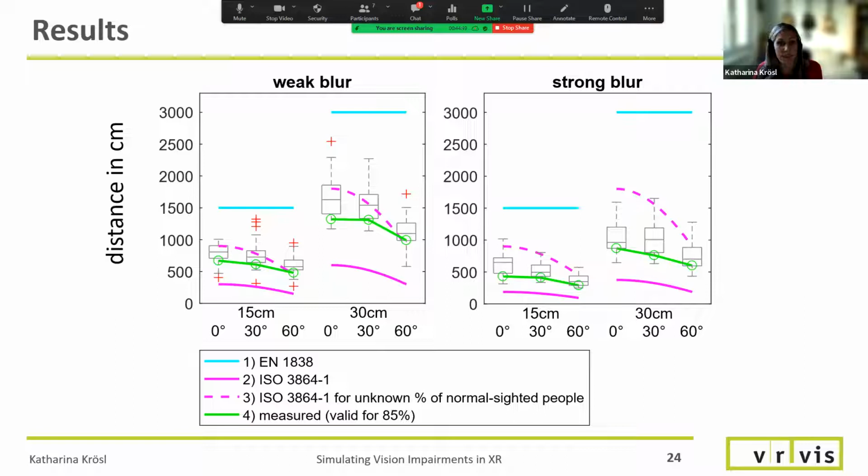And at the time we conducted this study, none of the current standards and norms accurately or sufficiently took vision impairments into account, which is why we concluded that more empirical data and research was needed to determine the exact influence of vision impairments on recognition distances in order to create more accurate regulations. And I believe that virtual reality simulations are a good way to do this.